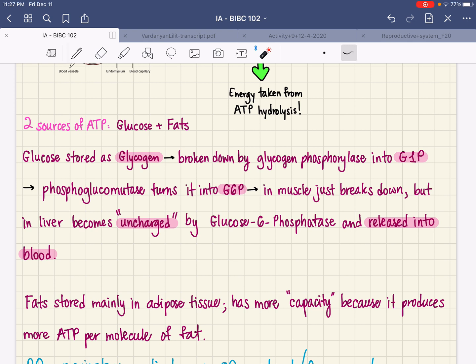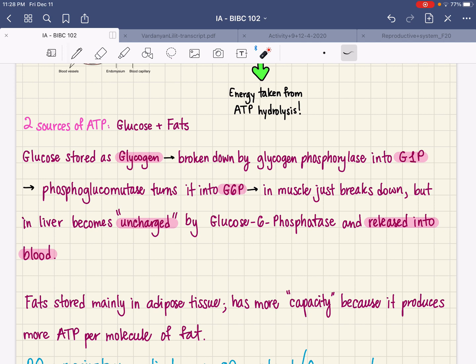However, if these glycogen stores are in the liver, the liver is the giver, right? So liver actually will be able to cleave this phosphate group off of the glucose and make uncharged glucose, right? Glucose without the phosphate, through the use of phosphatase.